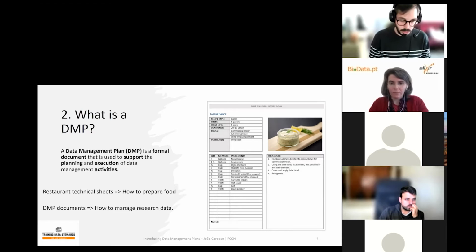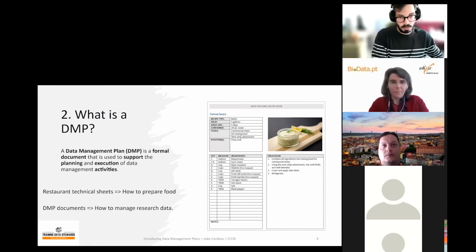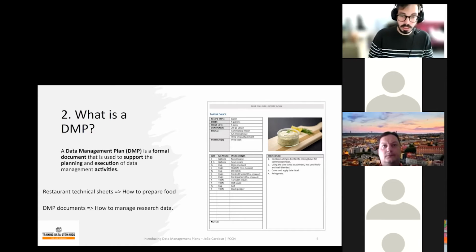The metaphor that I usually use to describe data management plans to someone who has never been exposed to the concept is that of a restaurant technical sheet. So in a restaurant technical sheet, you have a document that explains how you can prepare a certain dish. In a data management plan, you should be able to realize how data is managed, and in specific research data.